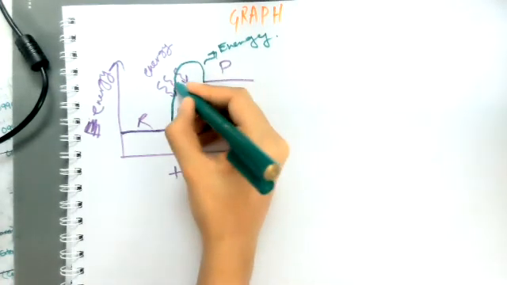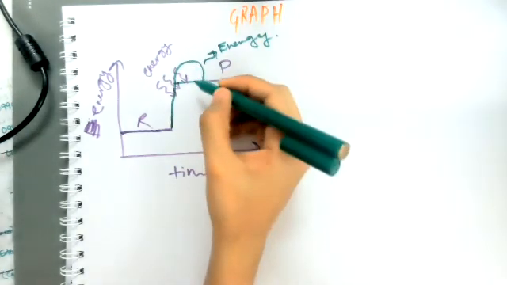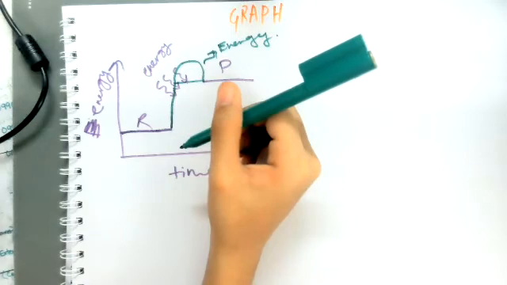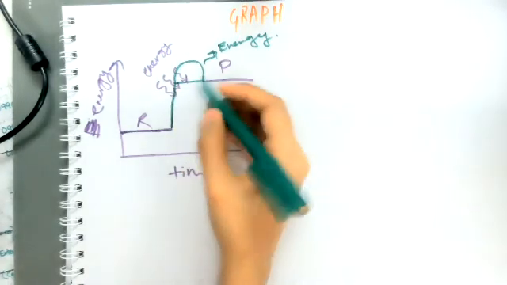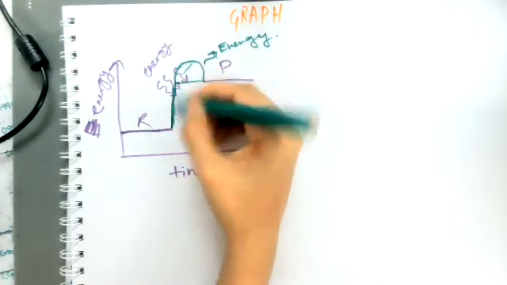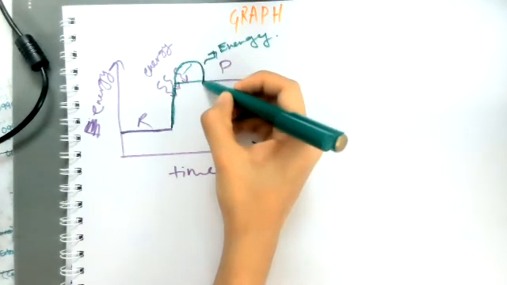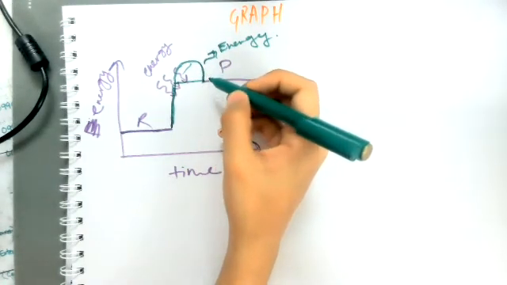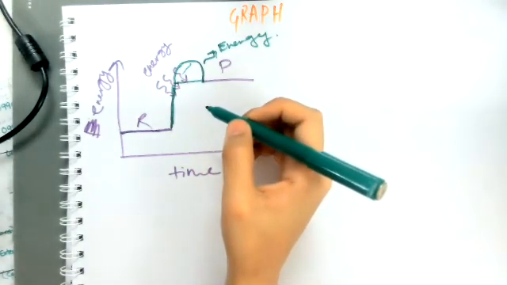So the activation energy for this was a lot. So the activation energy was going to be this whole thing, and the energy given out is going to be this part of the graph, right? So yeah, be very careful about this.